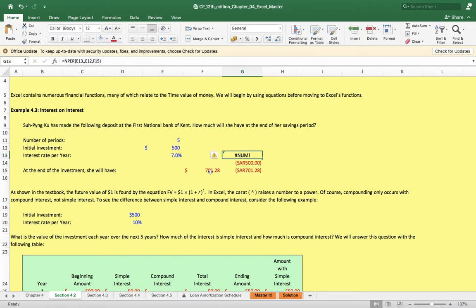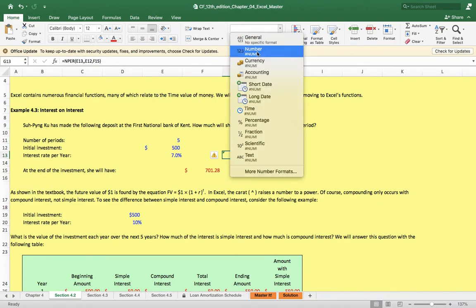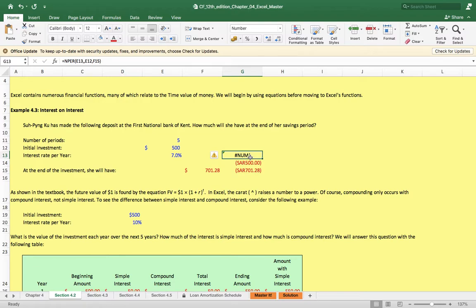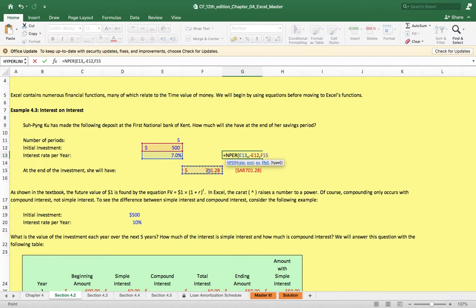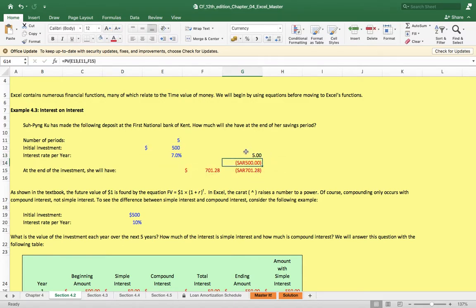The rate is 7%, PMT is nothing, PV is 500, future value is 701. Enter. 5. See?